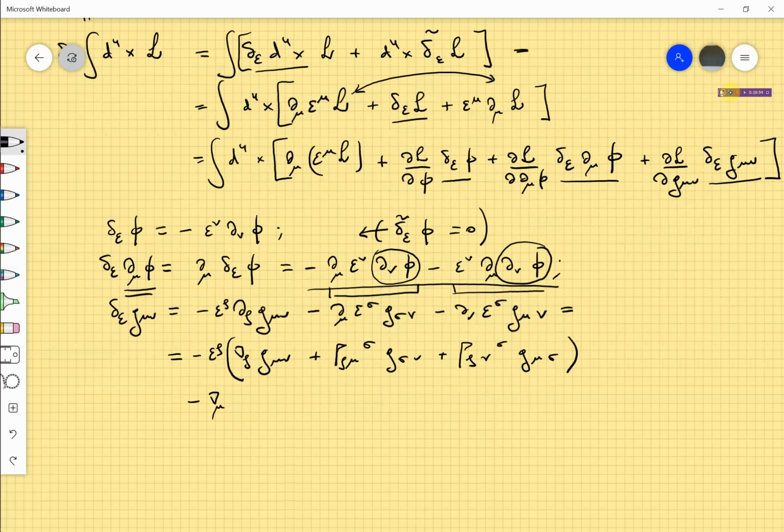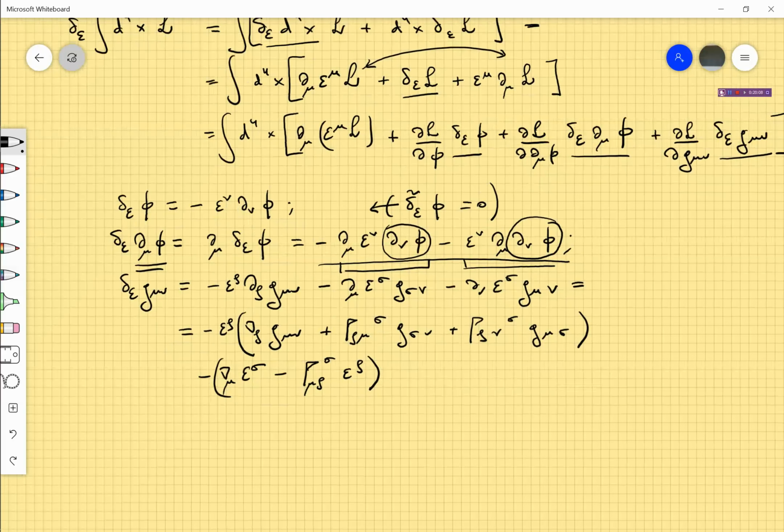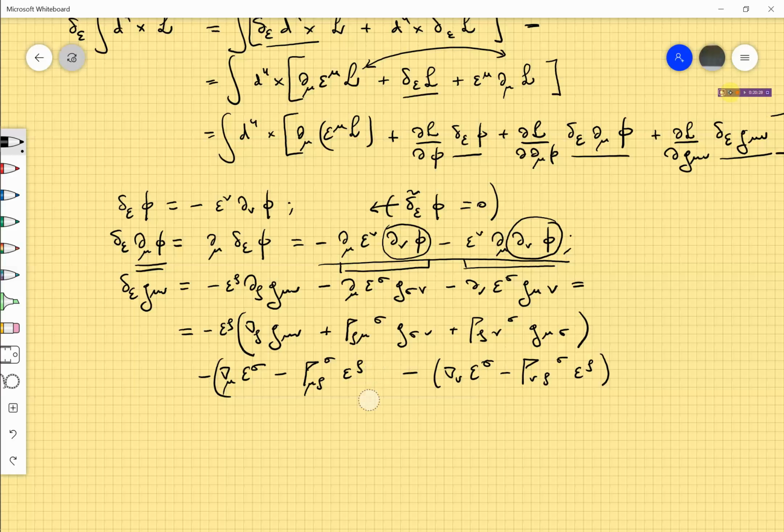Now I write this covariant derivative and I subtract the term mu sigma, and let me call this rho epsilon rho. And for the other one, similar, but with mu and nu interchanged. Epsilon rho, sorry, and this one is multiplied by g sigma nu, and this one by g sigma nu.